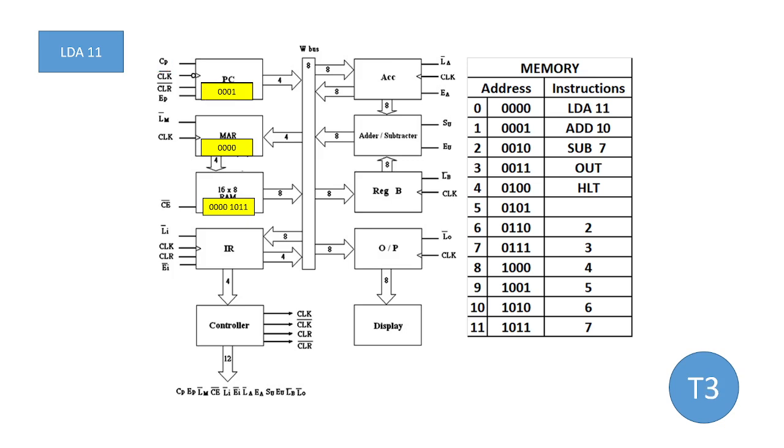Going to the next cycle, T3, the value of our RAM will go to the W bus and will be accepted in our instruction register because the CE and LI pins here are activated.